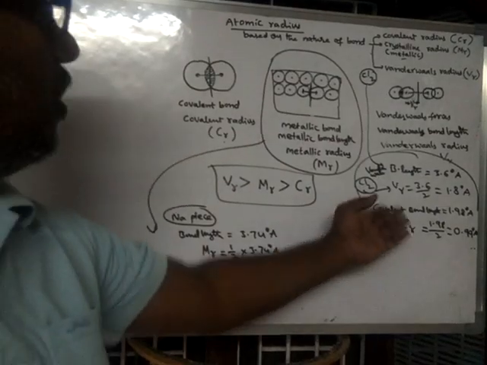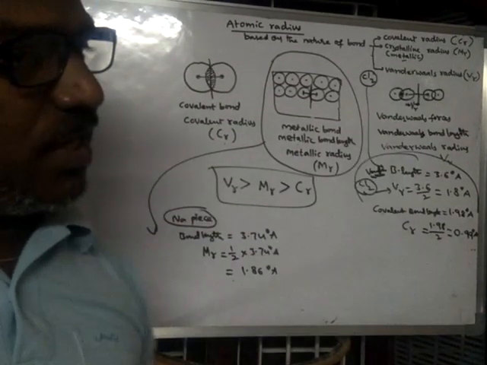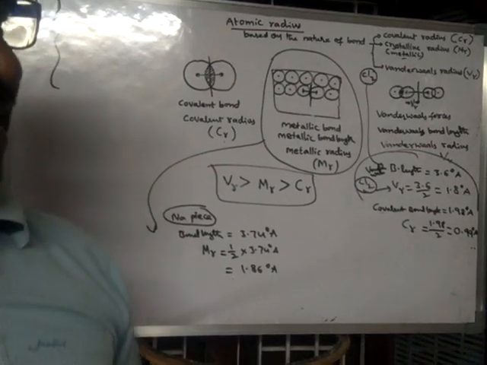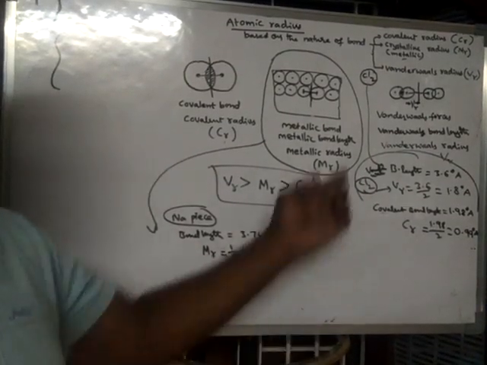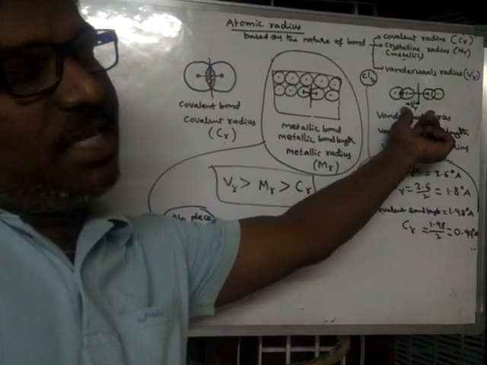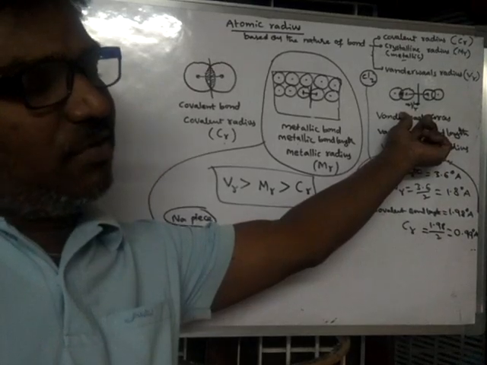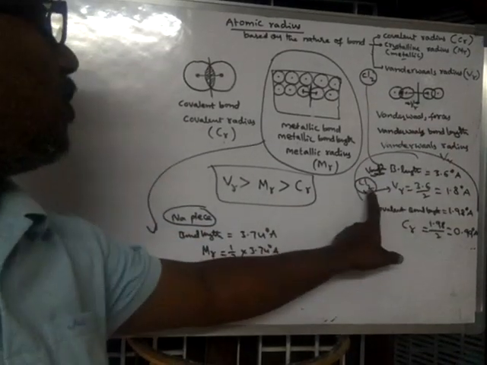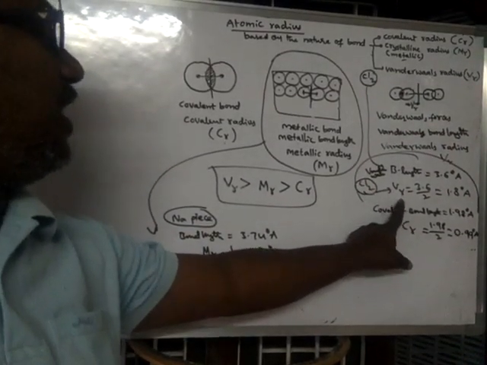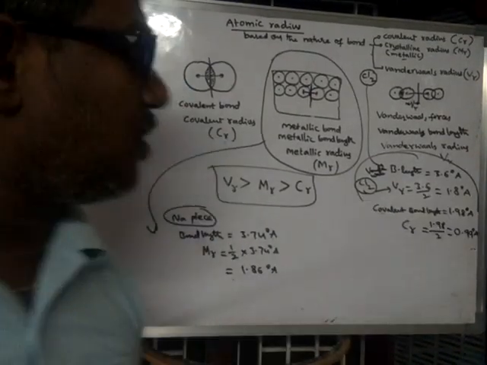So these are all atomic radius only, but it depends upon the nature of the bond we are looking into. If you calculate the atomic radius based on van der Waals forces of attraction, the chlorine atomic radius will become the van der Waals radius, 1.8 angstroms.